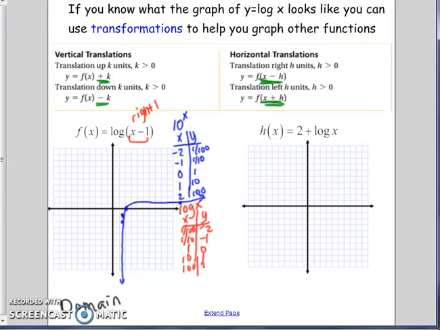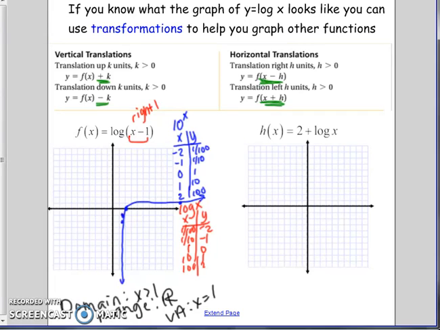But now I moved it to the right, so the domain is going to be x is greater than 1. And then my range is still going to be all real numbers. And then my vertical asymptote is going to be x equals 1. So the vertical asymptote and the domain are the same number.